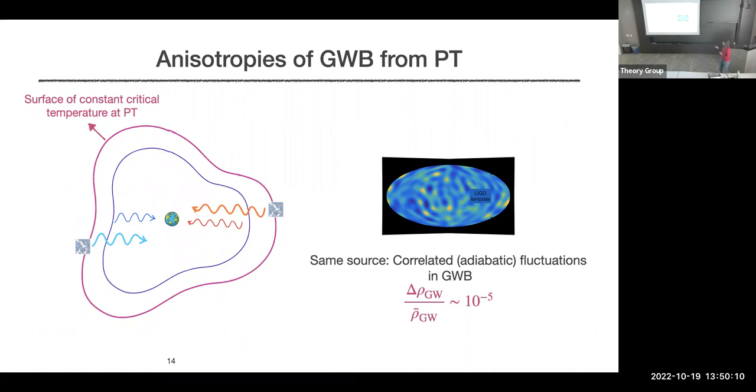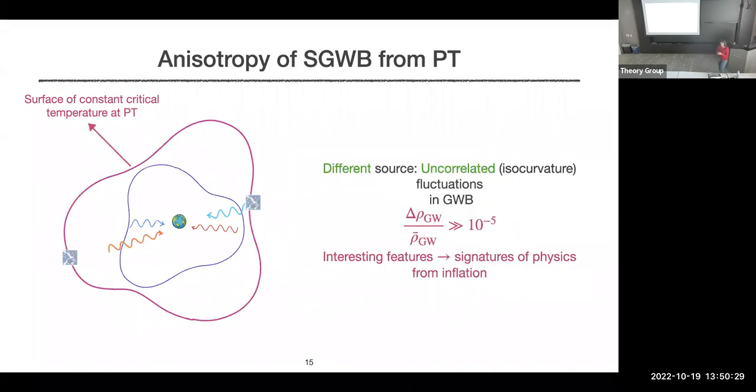Now, if the plasma producing gravitational waves is the same as in the CMB, then we'll expect perfectly correlated gravitational wave background anisotropies, that's what I call adiabatic gravitational waves, at the level of 10 to the power minus 5. But this source doesn't have to be the same.